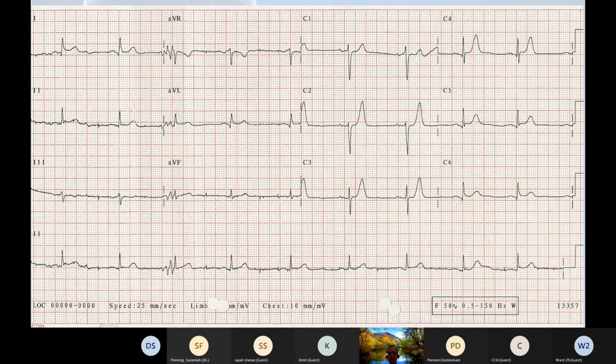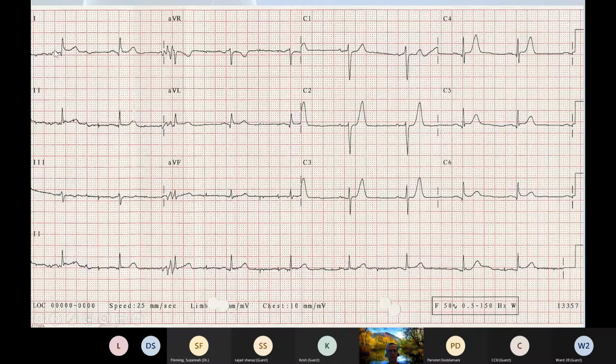Normal sinus rhythm with ST elevation in 1 and V6. Yeah, I think that's a very good description of it. Does anybody want to add anything to that? Yeah, the T waves are a bit odd, aren't they?